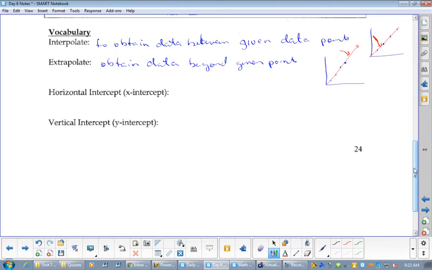A horizontal intercept, or the x-intercept, is the x value. Doesn't look like value, does it? Value where the graph crosses the x-axis.